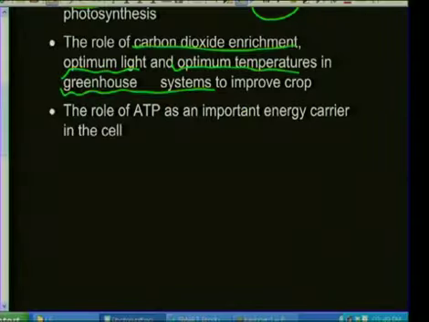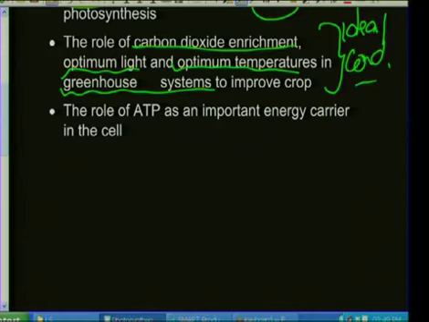We want to look at that in terms of light and optimum temperature. So in other words, if we put all this in a curly bracket, we are looking at ideal conditions or favorable conditions for photosynthesis to take place. If we do, we create this utopia, this ideal environment. What will happen in this greenhouse? How does it work for us?